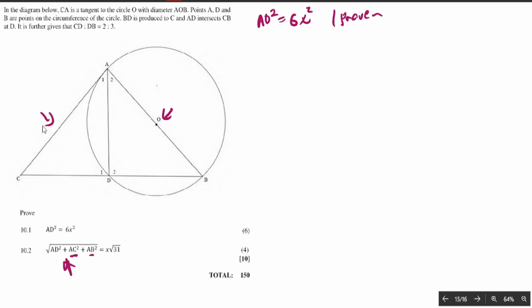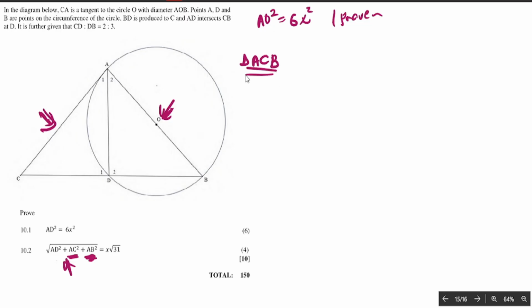So if we were to focus on the bigger triangle, not the two small triangles, but the bigger one. Why? Because there's AB on the bigger triangle, and there's also AC. This is the AB I'm talking about, and this is the AC I'm talking about. Right? Fine. So you say triangle ACB.